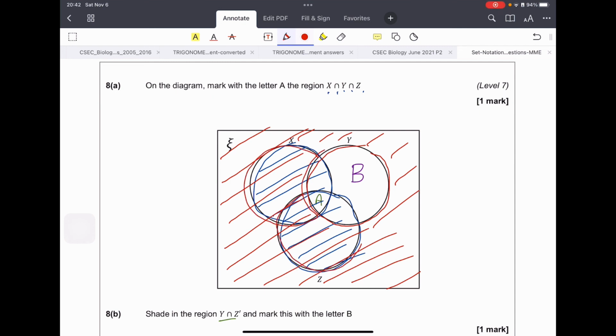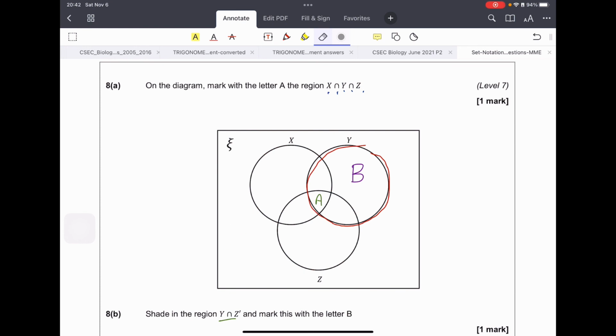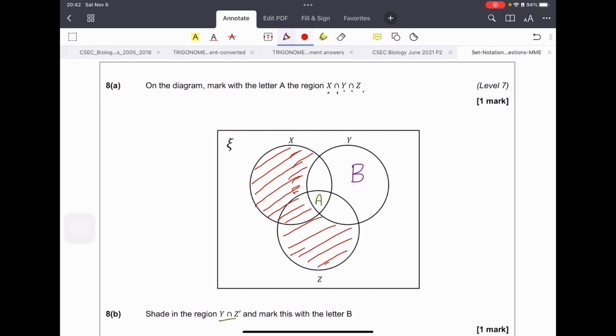This region here. Bam. Alright, so that's erased. So this region here and also this region here. So it's everything that is in X and Z combined, and we're taking out the part that Y has because Y prime is everything that's not in Y. So this part has a bit of Y in it, so it can't be included.